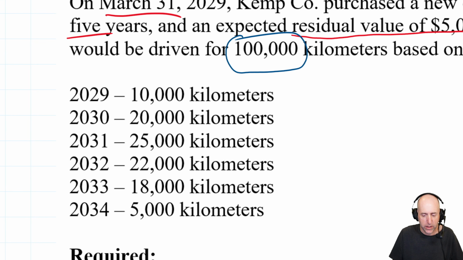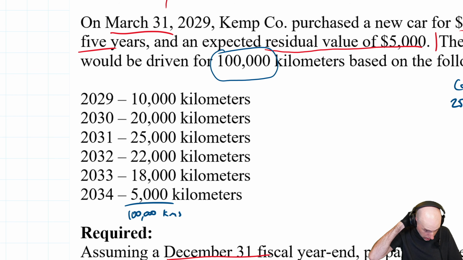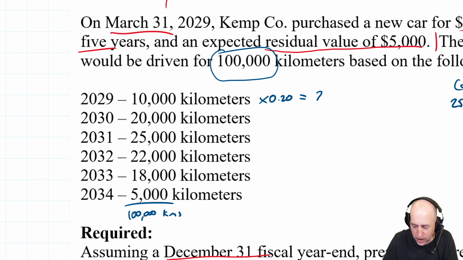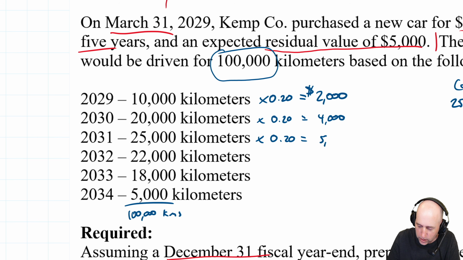And look at this, I've already estimated my kilometers. You can see the total here is 100,000 kilometers. And I've said, well, in 2029, I think I'm going to drive 10,000 kilometers. Well, if I'm charging myself 20 cents a kilometer in depreciation, that's $2,000 of depreciation. The next year, it's $4,000 of depreciation. The next year, I'm driving more, $5,000 of depreciation.